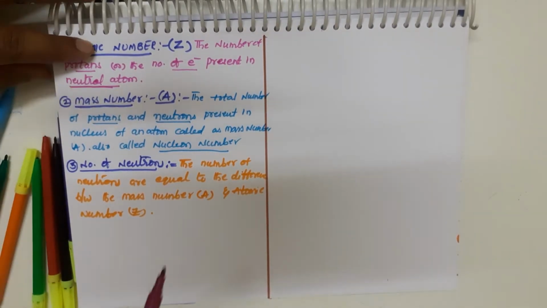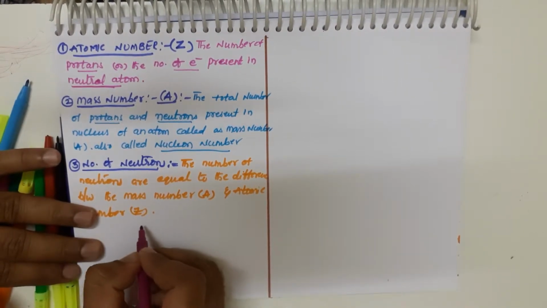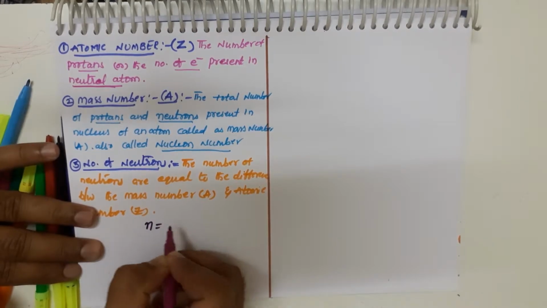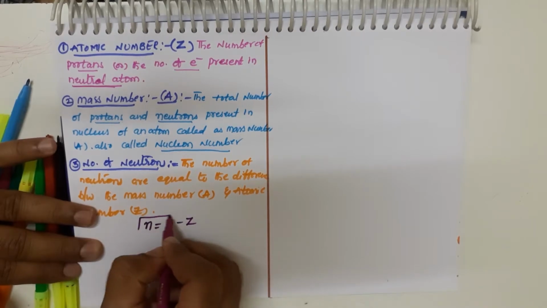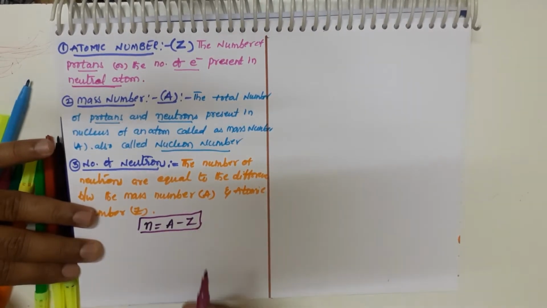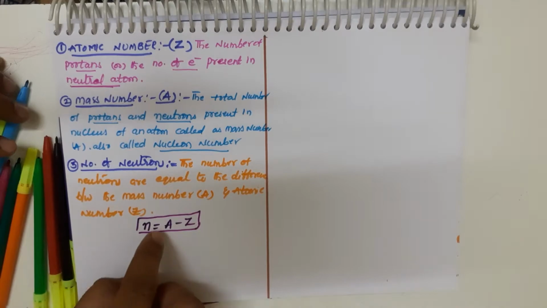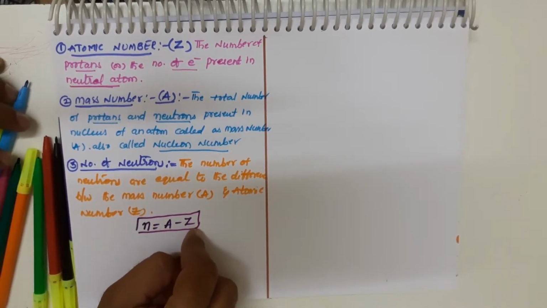We show that as an equation. Number of neutrons n is equal to A minus Z, mass number minus Z.